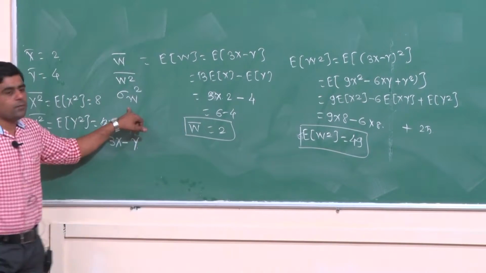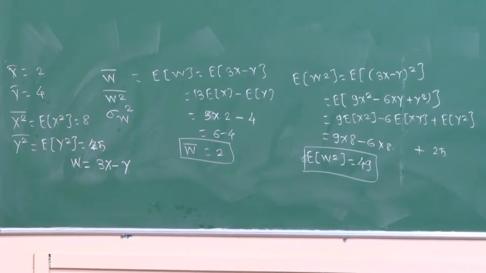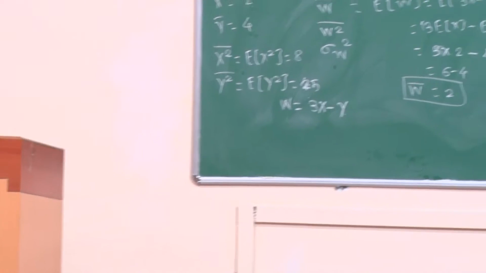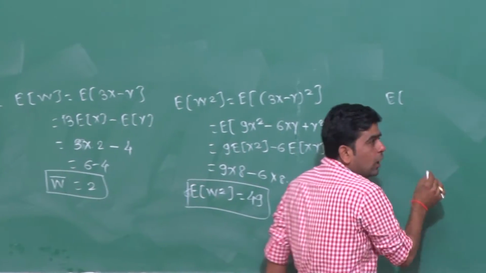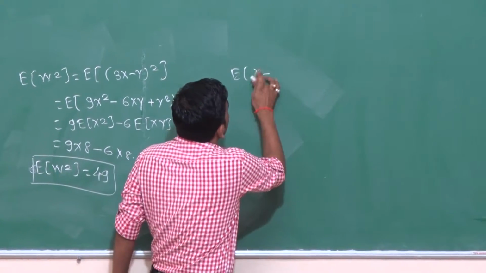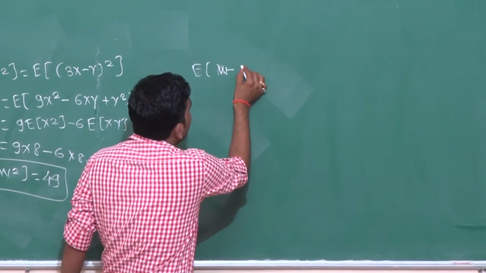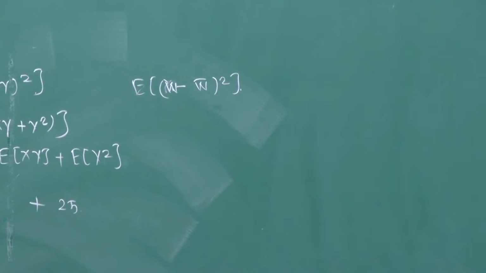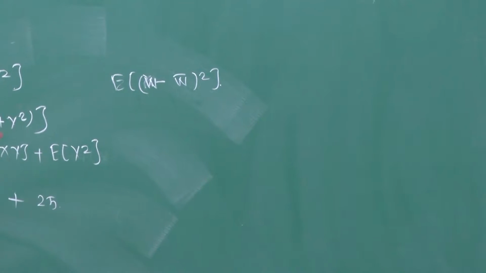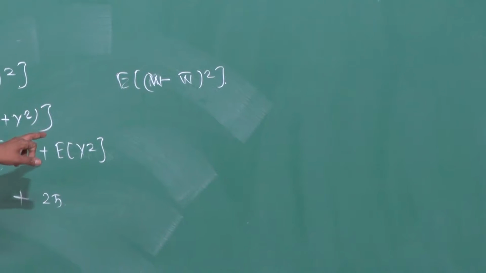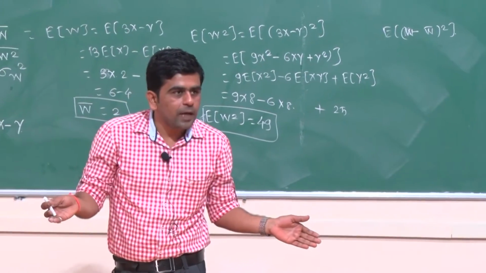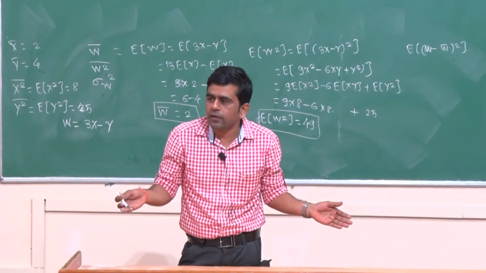Similarly, you have to calculate the variance sigma for this w. What is the variance for this one? Now in the third case, we have to find out expected value of (w minus w bar) square. This is the second moment about mean. Here the mean value is given by w bar or expected value of w.